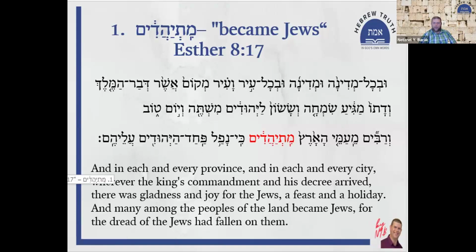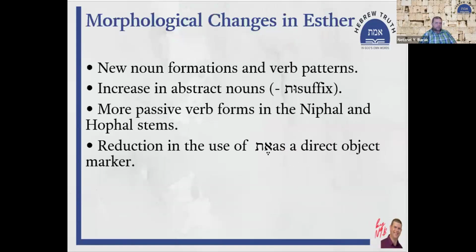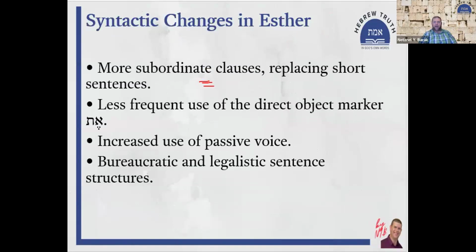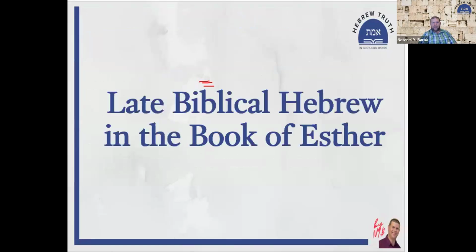Let's talk quickly about other things. We're not gonna see everything. So we have some morphological changes that reflect Second Temple period, such as the ut ending at the end of words to mark abstract nouns. And we have some syntactic changes, which we're not going to discuss, which also reflect the Second Temple period Hebrew.